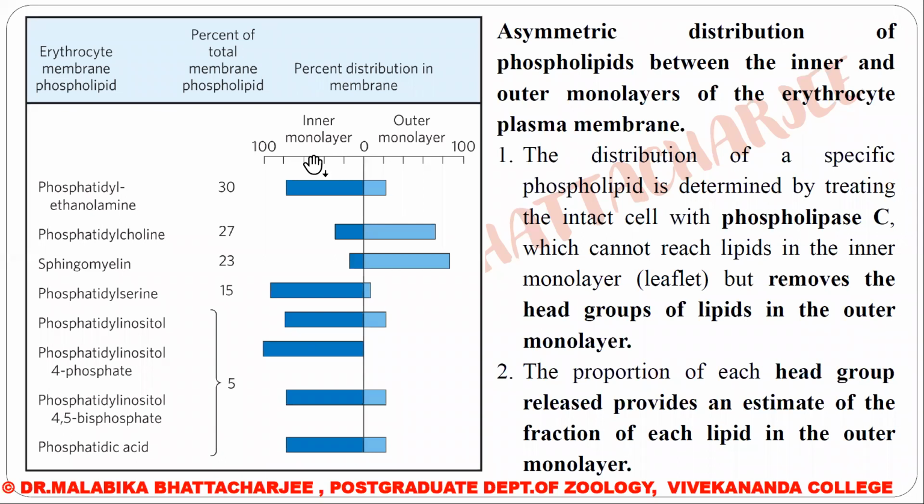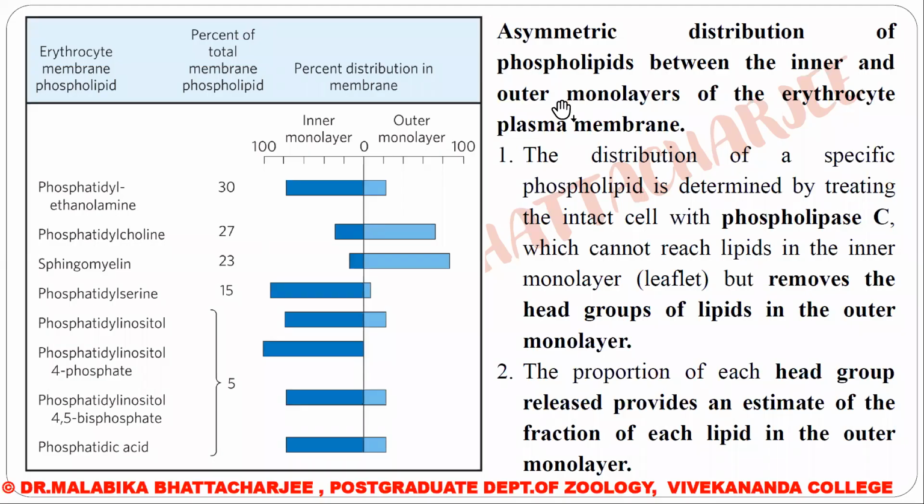There are some phospholipids which are present more in the inner leaflet, and there are some which are present more in the outer leaflet. So there's an asymmetry in distribution of the phospholipids also, just like we studied the asymmetry in distribution of the protein molecules in the lipid bilayer.